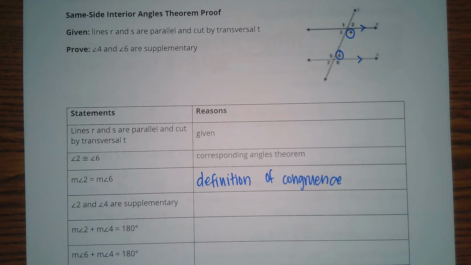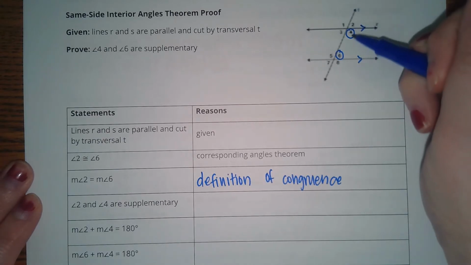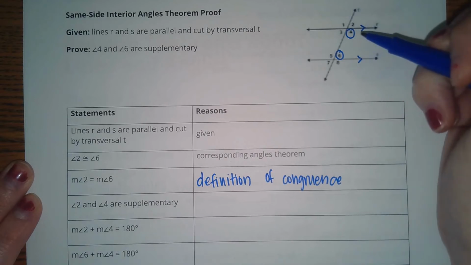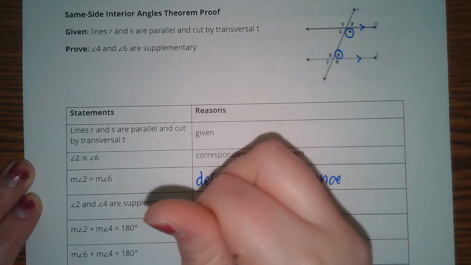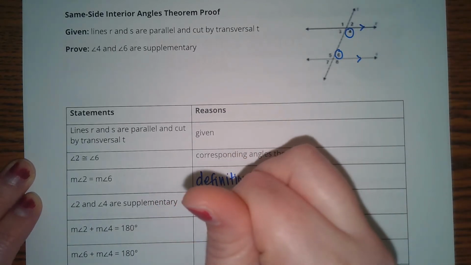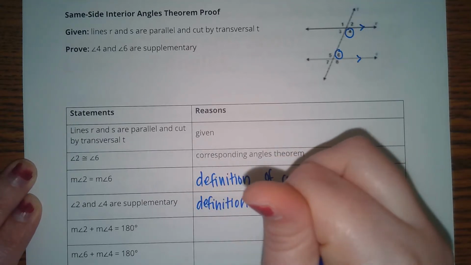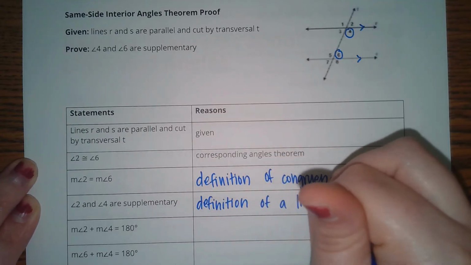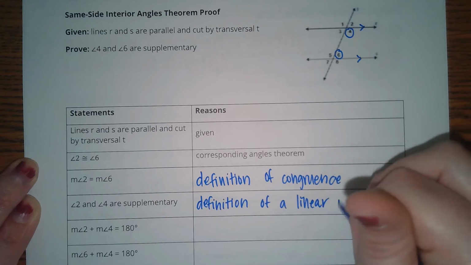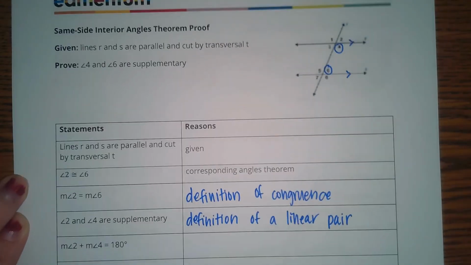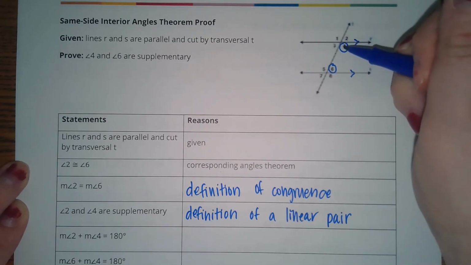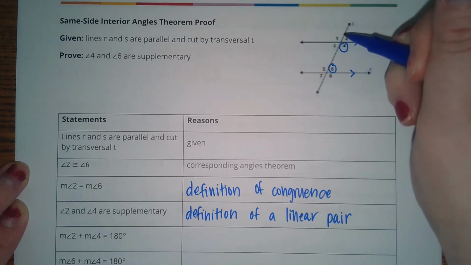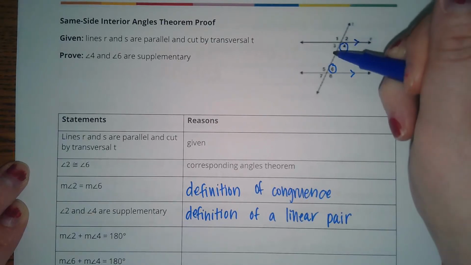I can also say that 2 and 4 are supplementary, so 2 and 4 are over here, and that's going to be based on my definition of a linear pair. So remember, my linear pair angles are 2 angles that if I added them together, they would make a straight line, and so I can see 2 and 4 would totally make a straight line.